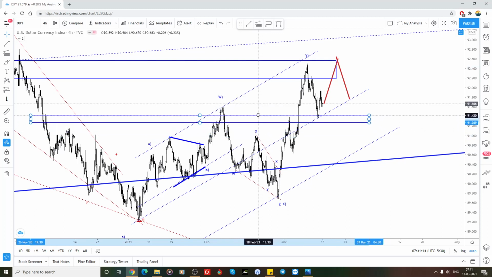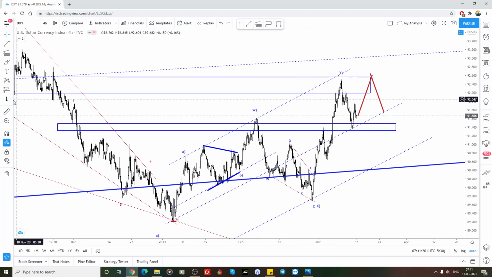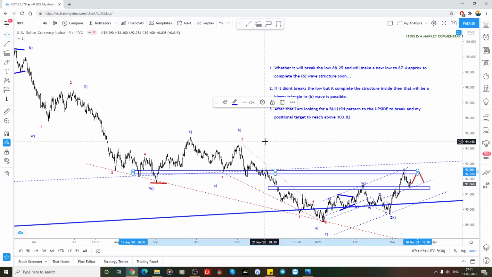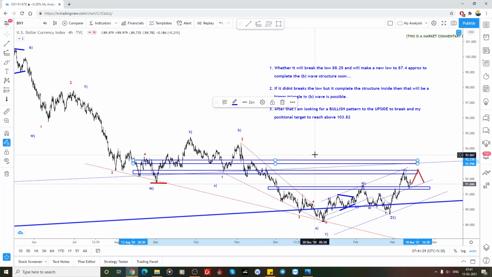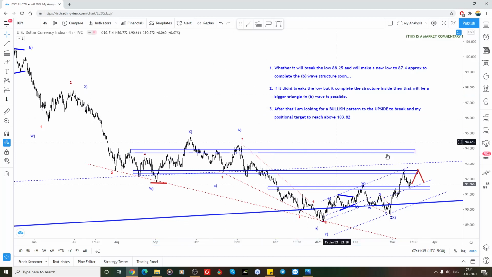So now it is acting as a support. We got nice rejections from here, and they're supported by this channel. So as of now this is our resistance zone, and if it breaks this, the next resistance zone will be around 93.8.